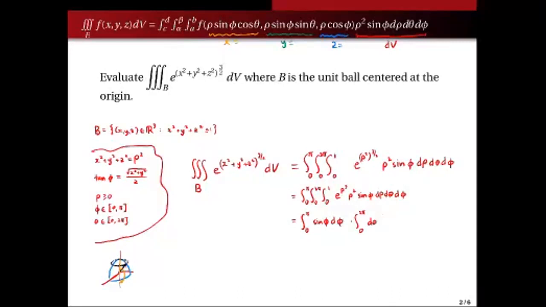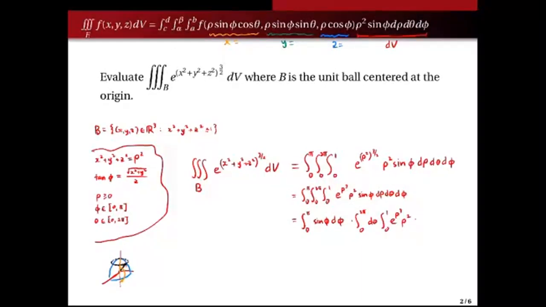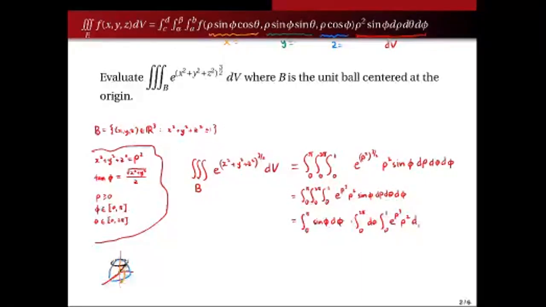And then you have here the integral from 0 to 1 of e to the rho cubed rho squared d rho. You will get the same answer. Again, you can do this because the limits of integration are all constants only. You cannot do this if you have limits of integration which are non-constant functions.